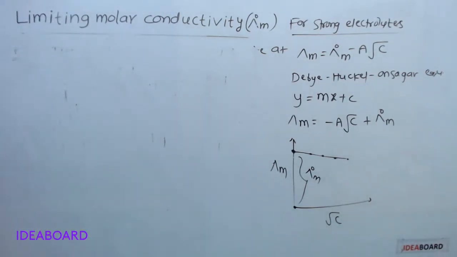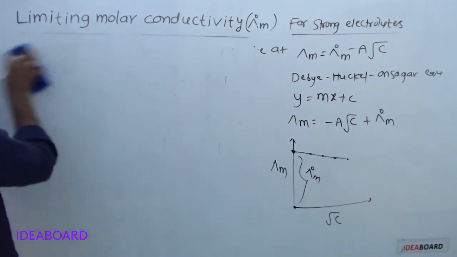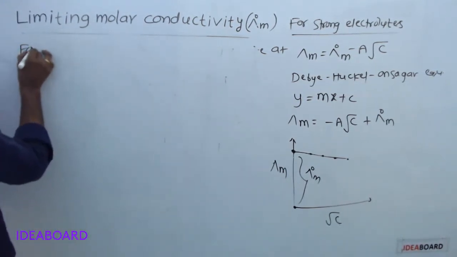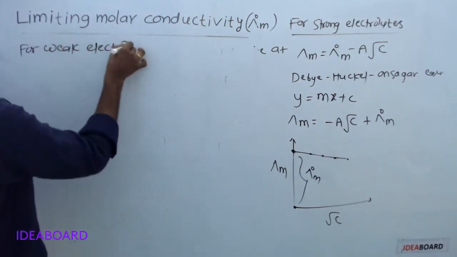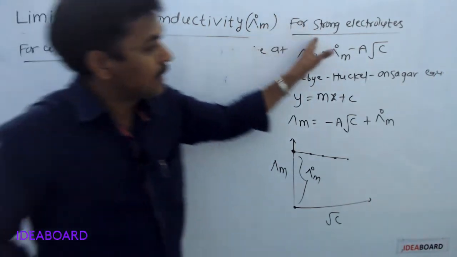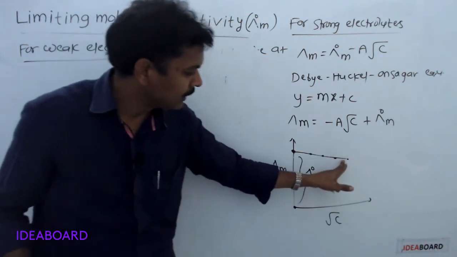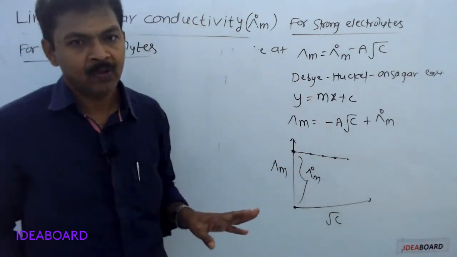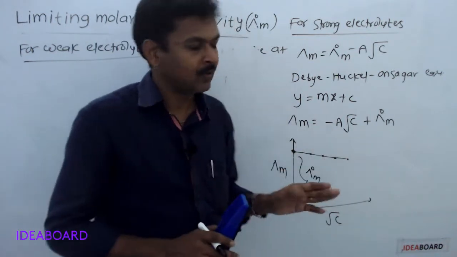Next, if we take weak electrolytes. In case of strong electrolytes, on dilution, molar conductivity increases, but increases very little.